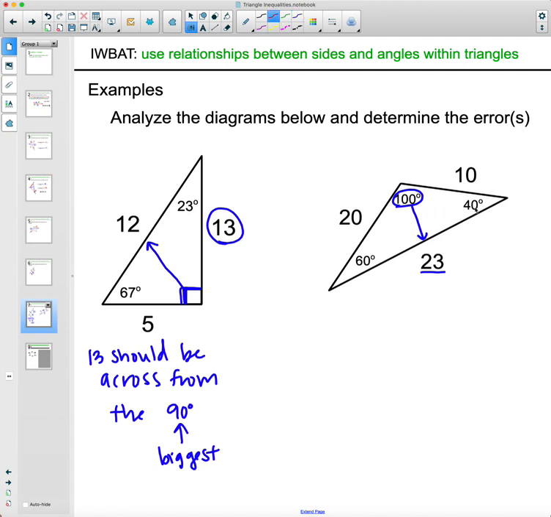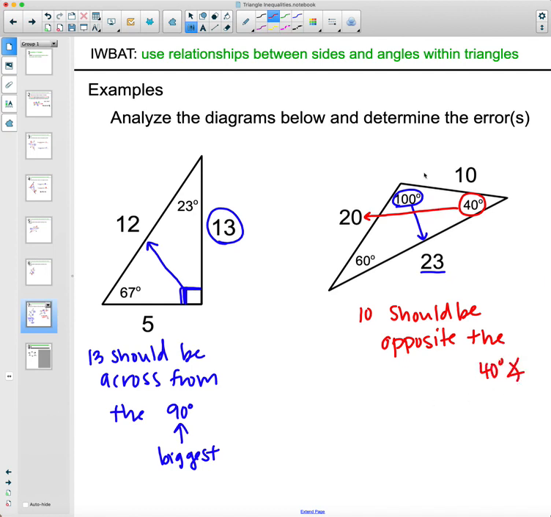Then we can look at the smallest angle. Across from the smallest angle should be the smallest side. Is 20 the smallest side? That would be a no. So the 10 should be opposite or across from the 40-degree angle.